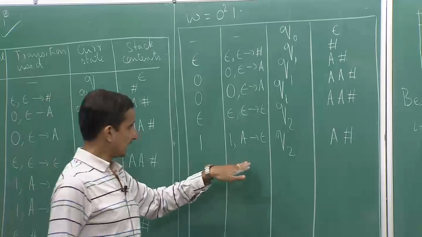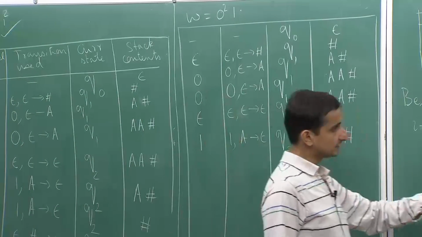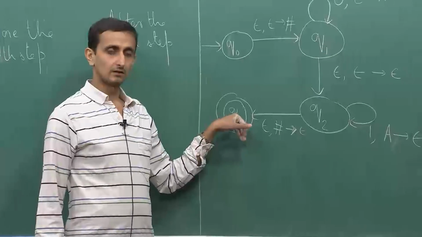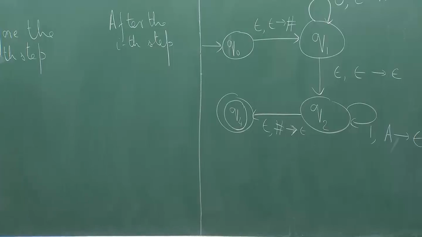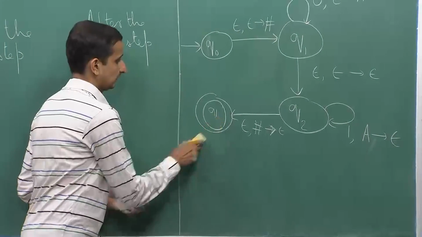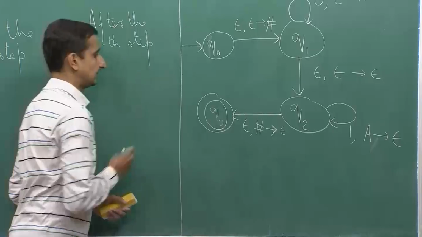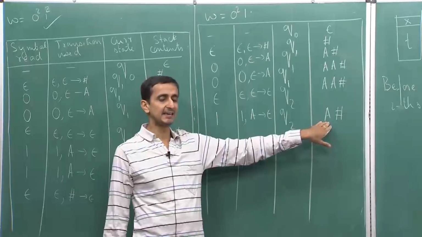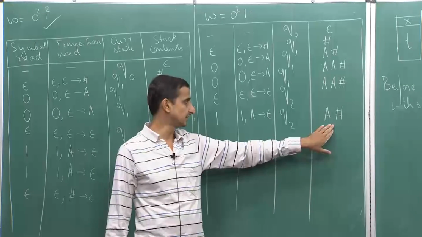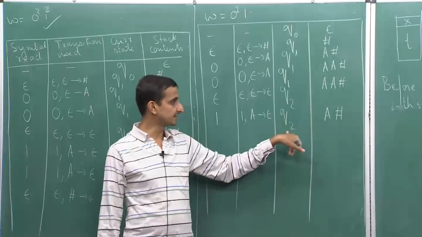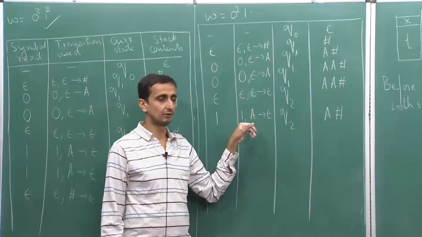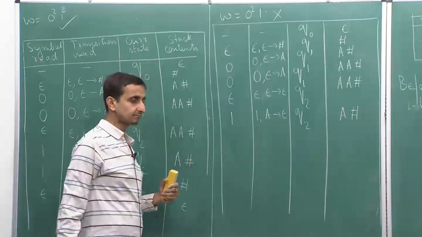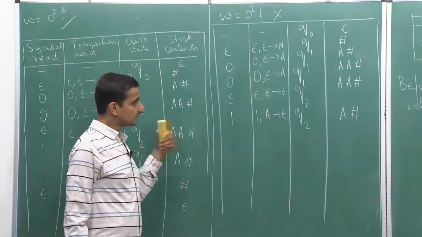So, I cannot use the transition to go to Q3, because now the top of the stack contains A. I am stuck at the state Q2 and I cannot accept. Because of this, the string does not get accepted, and it is non-deterministic.